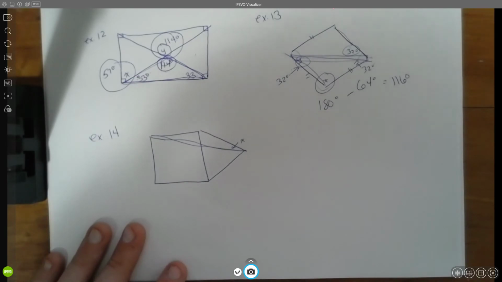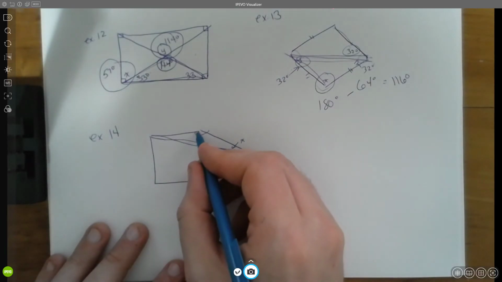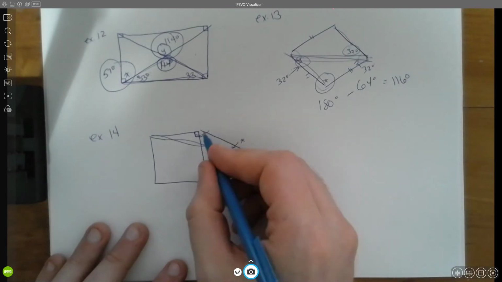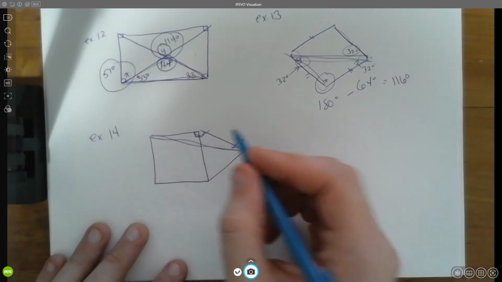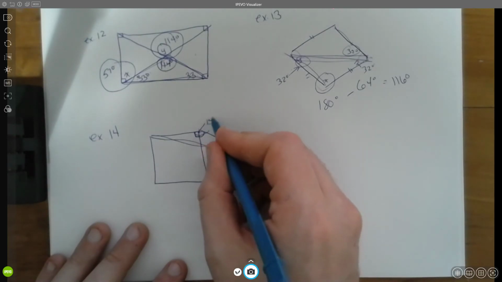Well, in order to do that, there's a couple of bits of information that we're going to need to piece together here. The first is that we need to figure out this angle. And this angle is going to be the 90 degrees from this square plus the 60 degrees from this equilateral triangle. So that's going to be 150 degrees.